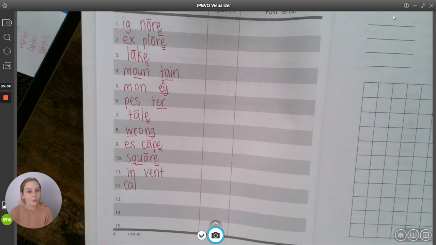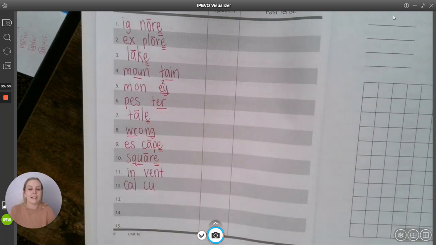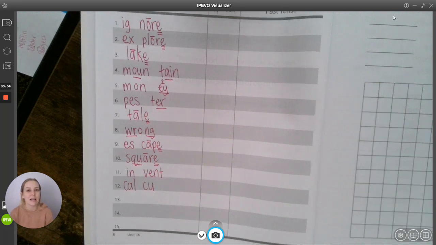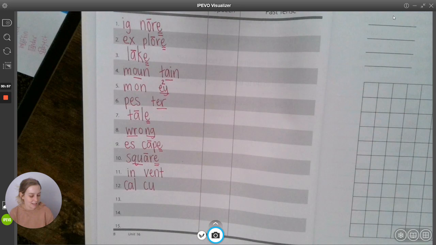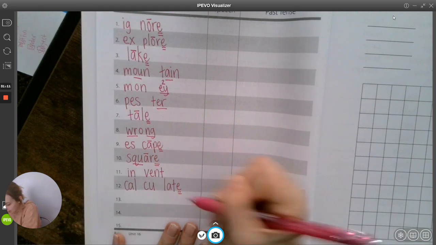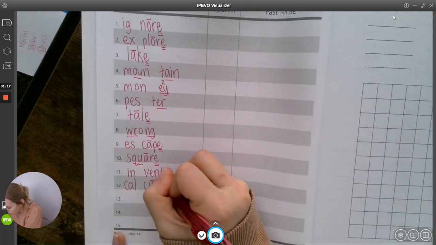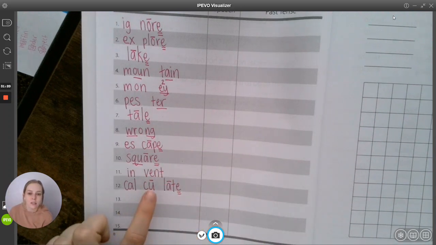K, U. Finger spell. And last syllable is late. Sound it out. O, A, T. Finger spell. Silent final E. Silent final E makes A say its long sound, and U is also saying its long sound here in the middle.